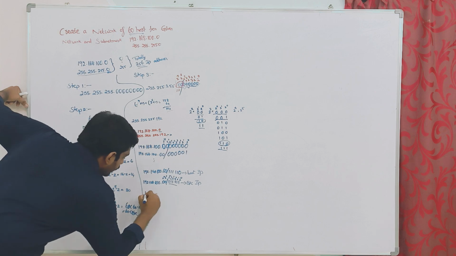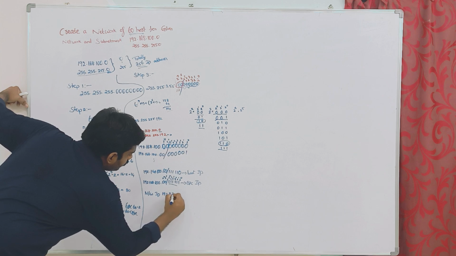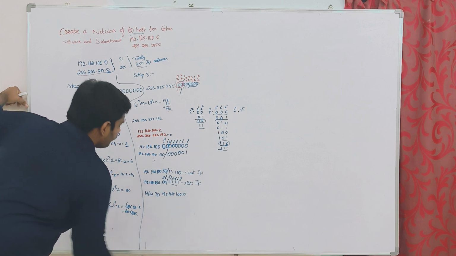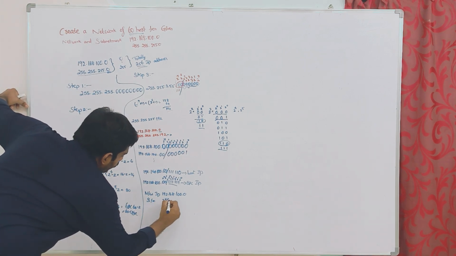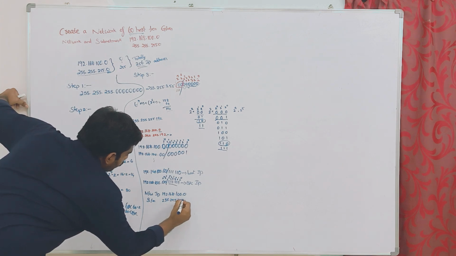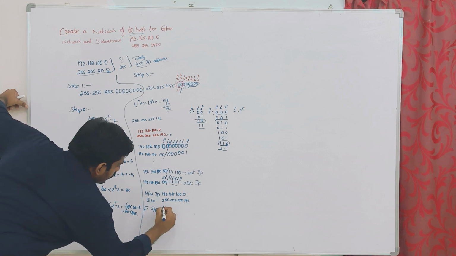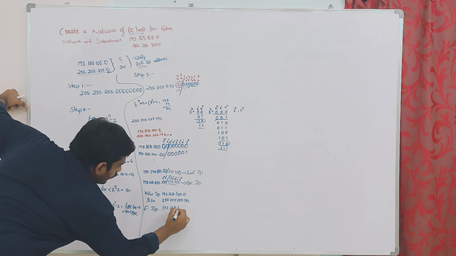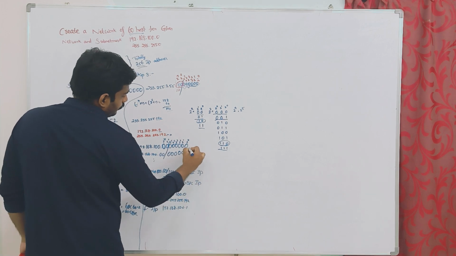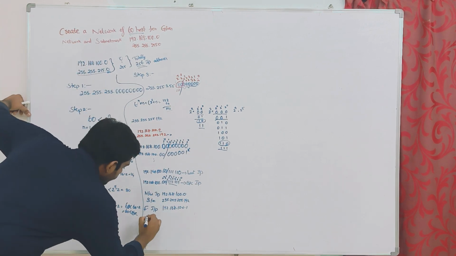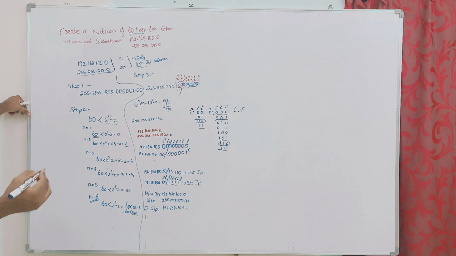So the network IP is 192.168.100.0. Subnet mask is 255.255.255.192. First IP is 192.168.100.1; you simply multiply with 2 power zero. Then for the last IP, you find the broadcast ID first so that you will get the last IP.